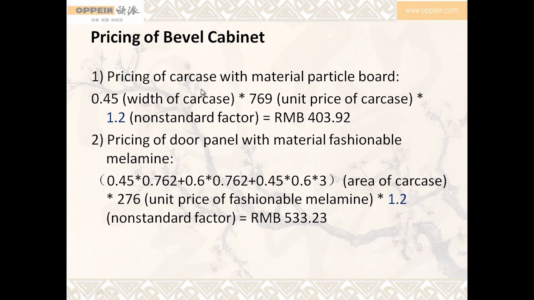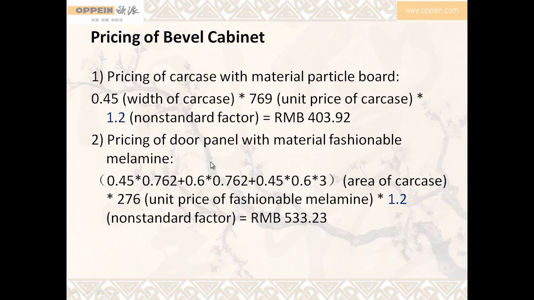The price of carcass with material particle board is 0.45, which is width of carcass, multiply 769, which is unit price of carcass, multiply 1.2, which is non-standard factor. Then you get the answer, which is 403.92 RMB.